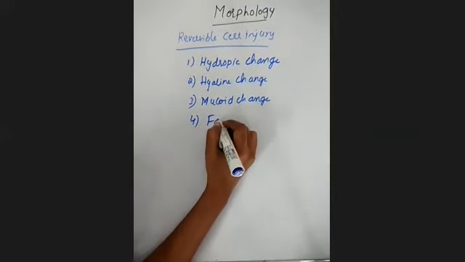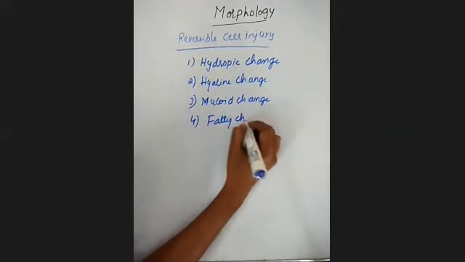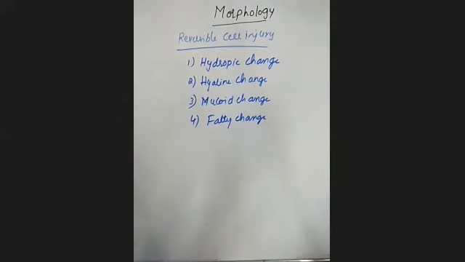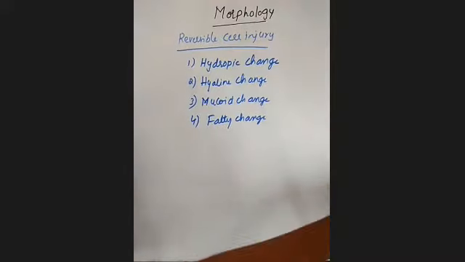Next one is fatty change. Okay, these are the four different morphological features you are going to observe in case of reversible cell injury. One by one we are going to discuss what these changes are that take place during the reversible cell injury.